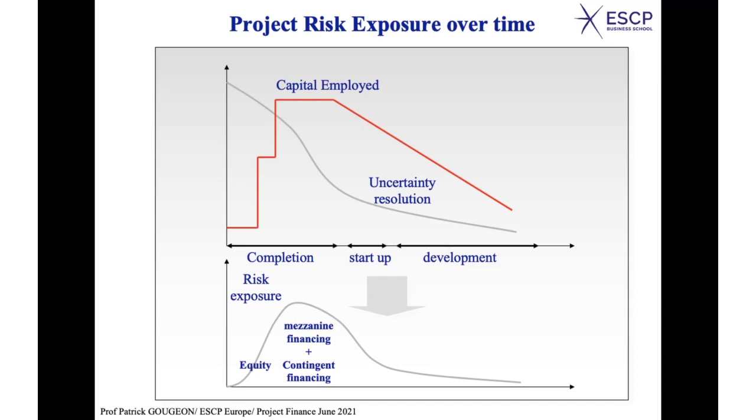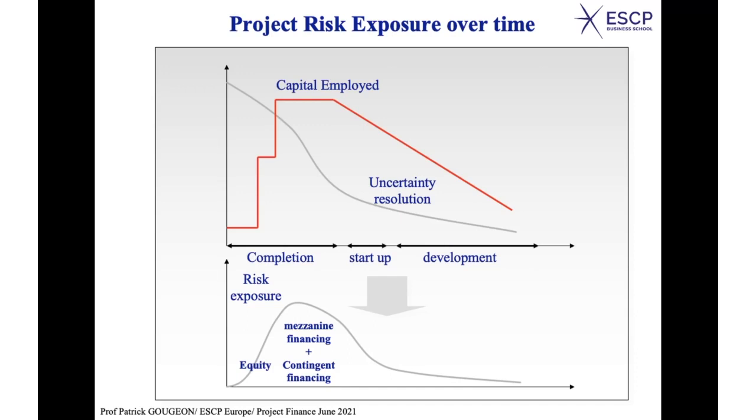Mezzanine financing, we'll see that in more detail later on, is sometimes called quasi-equity. It is not equity, but it is very much like equity in the sense that those who are lending or investing at this stage accept risk.